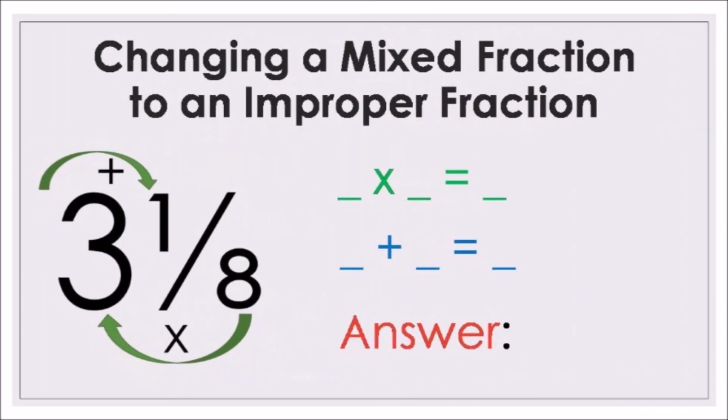Now you put the numbers in, show me the 2 numbers you're multiplying, and then show me the numbers you're adding and the answer, and then write the answer as an improper fraction. Let's see if you can get this correct.